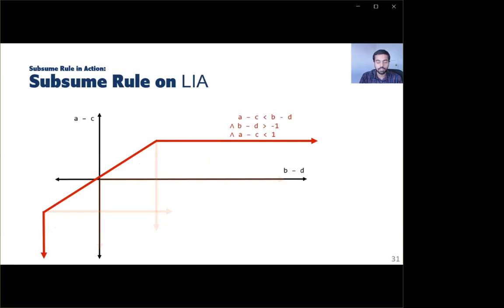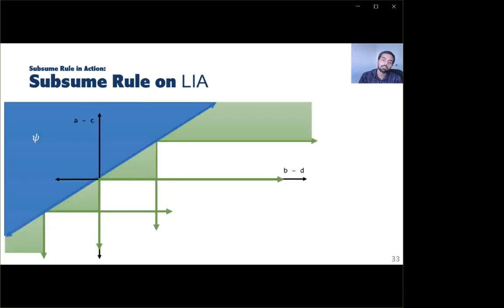First is the nice literal a minus c less than b minus d, and the other two literals are boundary conditions. These two boundary conditions can be dropped by using inductive generalization. Now, if we transform this cube into a lemma by taking its negation, we can see that we can actually get an inductive invariant for our running example.